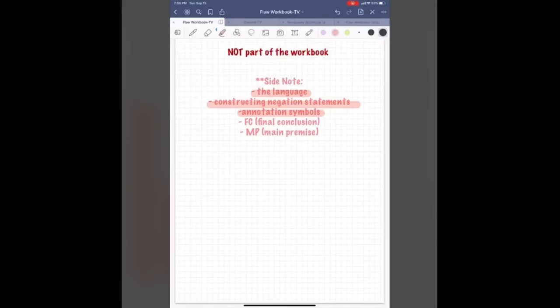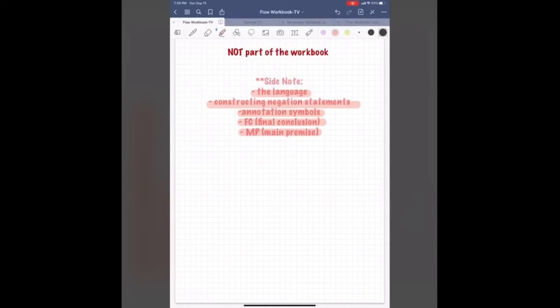And we had to learn to accurately mine for the final conclusion, or FC, as well as the main premise, MP. These are skill sets needed for all the sections on the LSATs, so not just for this question type.